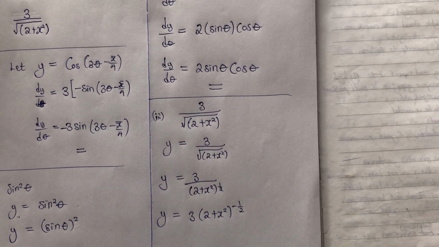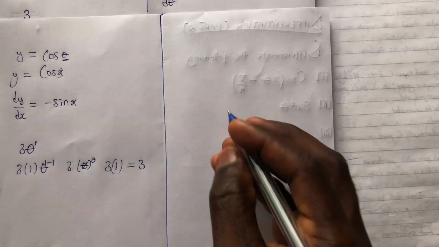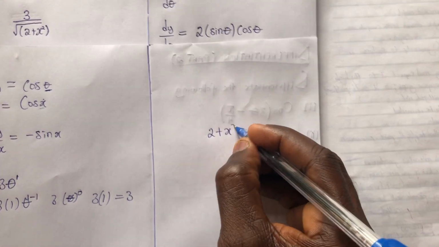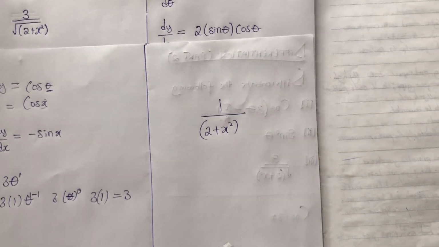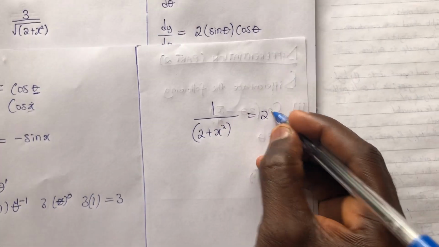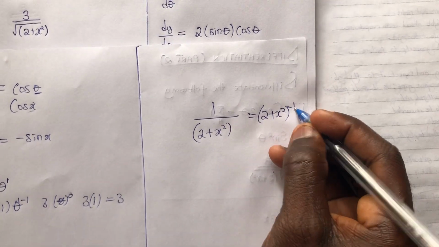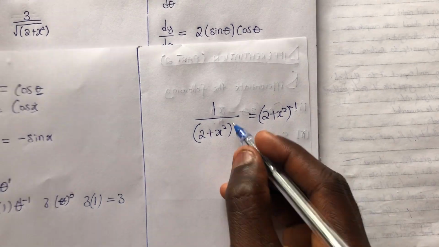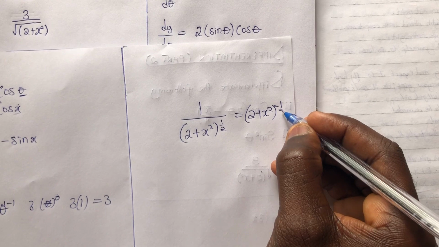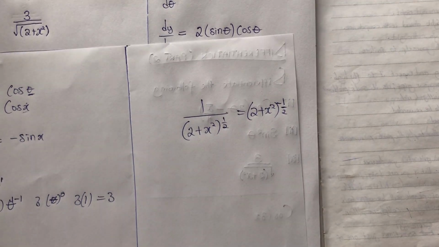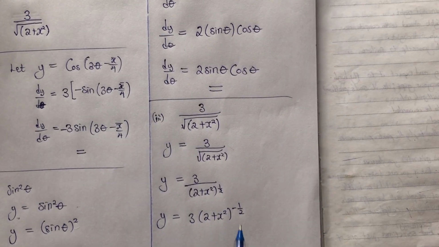So this is the same as if I have something like (2 plus x squared) to the power of 1 over 2, I can rewrite it as (2 plus x squared) to the power of negative 1. So if I put 1 over 2 here, then I'll put negative 1 over 2 here. So that is what I did here.